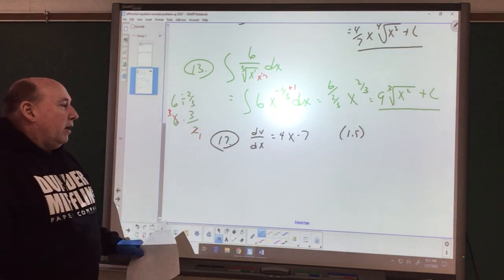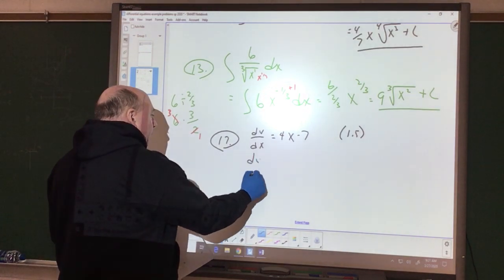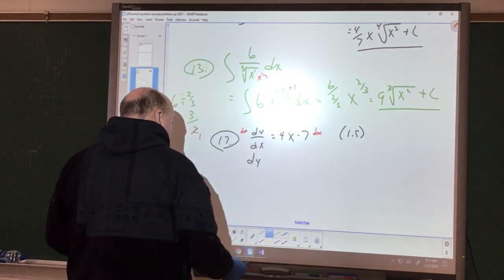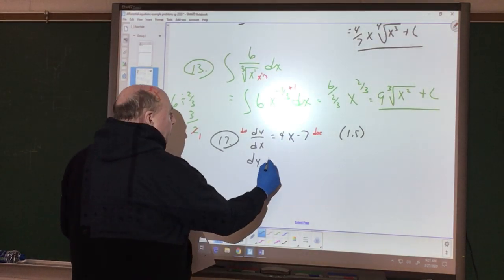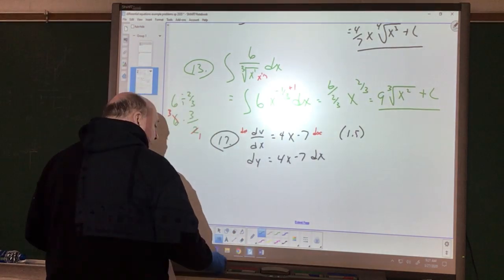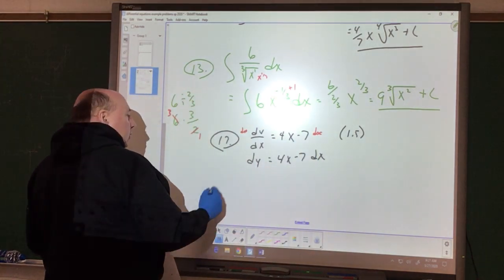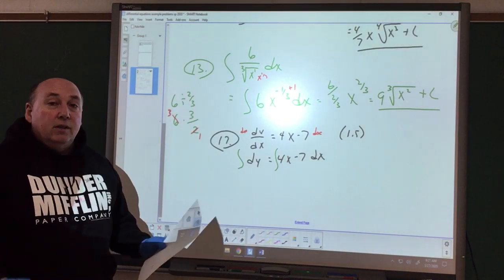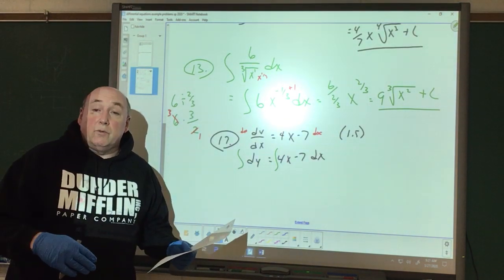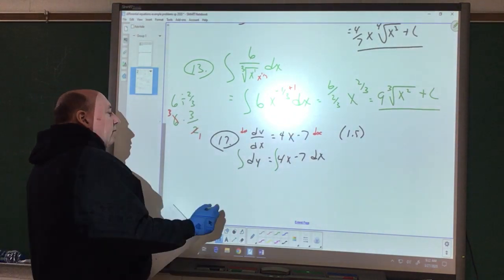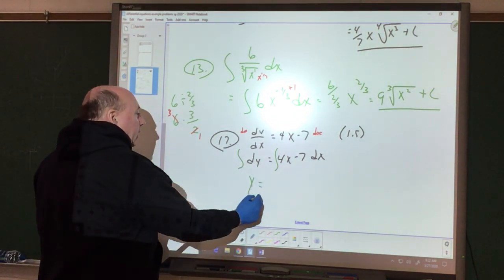So separating our variables, multiplying both sides by dx, we have dy is equal to 4x minus 7 dx. To get rid of our differentials, we have to take the antiderivative. If we take the antiderivative of dy, we get y.